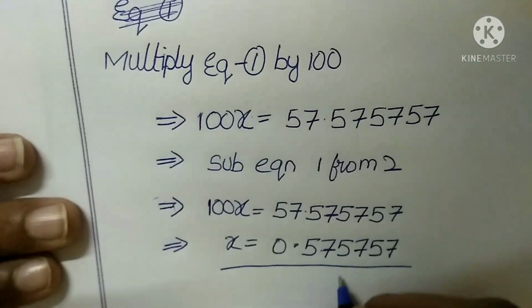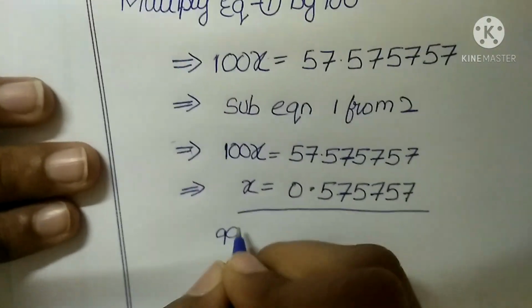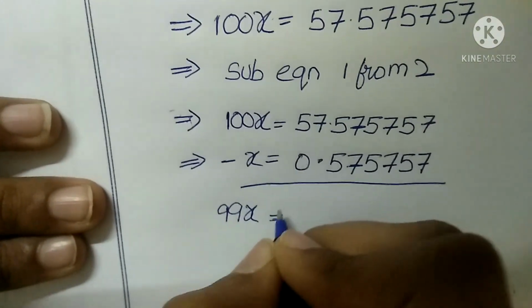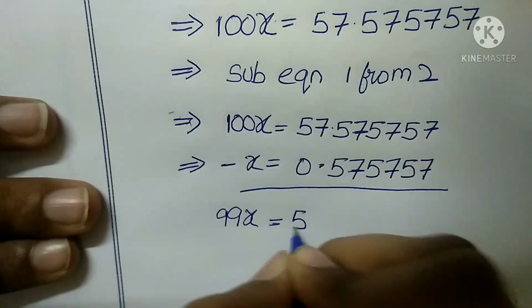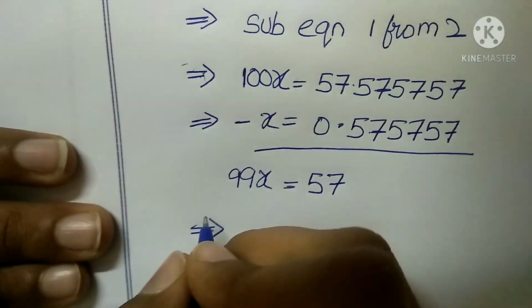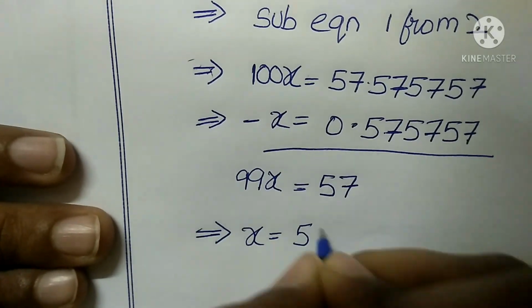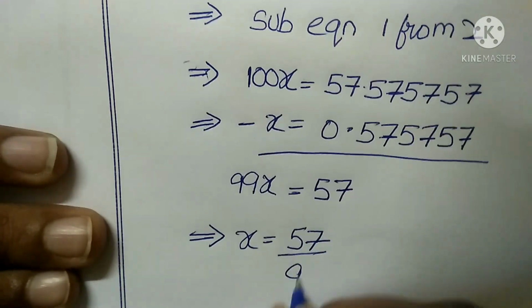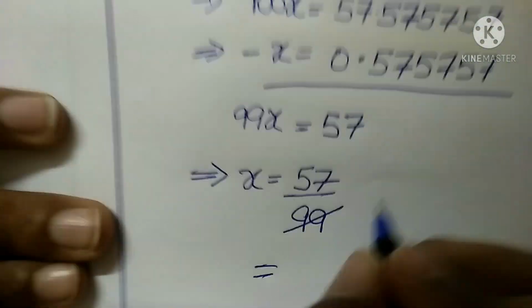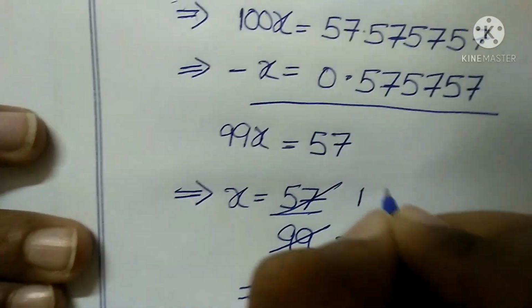By subtracting these, we get 99x equals 57. By transposing 99 to the right side, we get x equals 57 by 99. By cancelling these, we get 19 by 33.